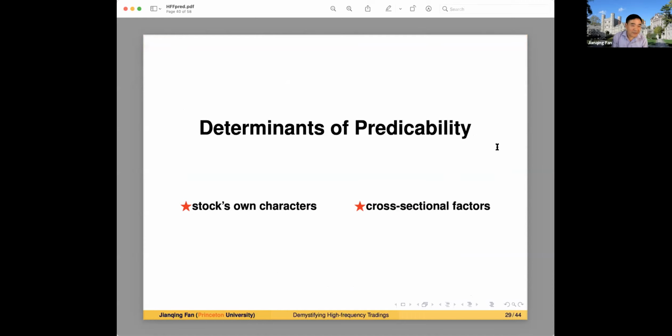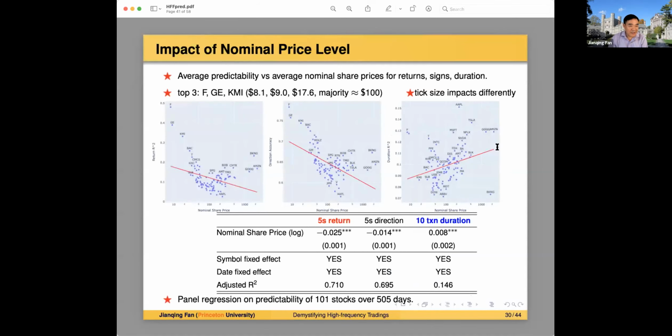So now let's look at the determinants of the predictability. In particular, we look at the stock's own characteristics, and also cross-sectional factors. The first one is the nominal price. We are plotting average predictability versus the daily average share price across 505 days.